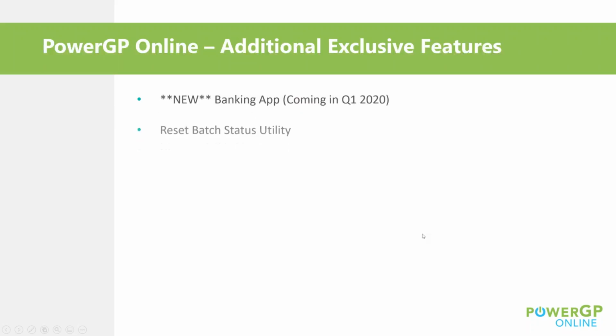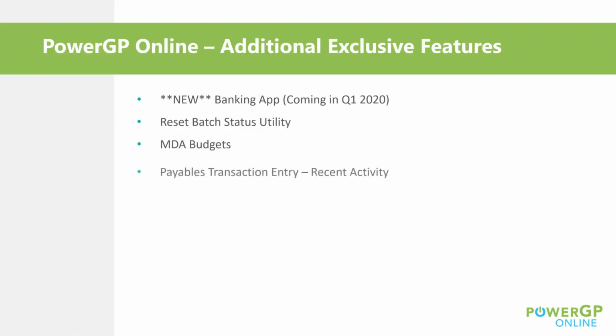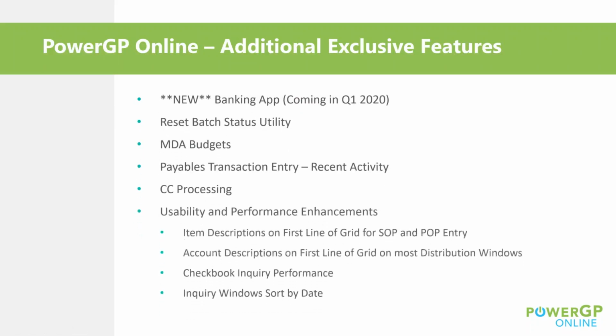Okay, one more thing to talk about is some of the other things that we've added, and some of these I may have already talked about. I'm going to come back to the first one in a second, but the batch reset utility. Anyone who has ever supported, implemented, or used Great Plains has probably had a stuck batch at one time or another.